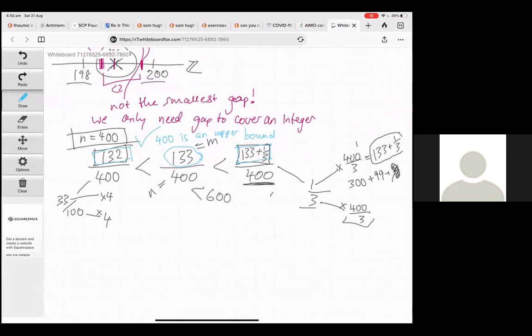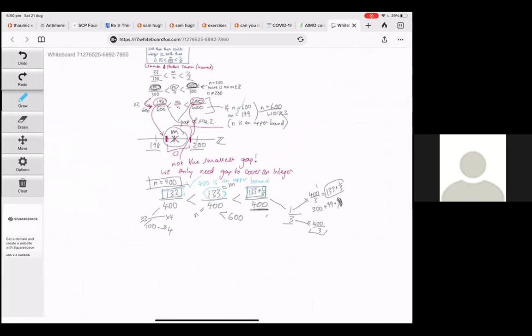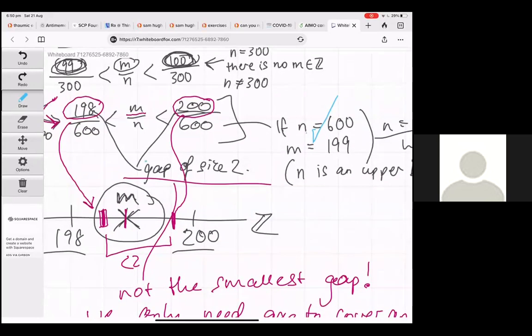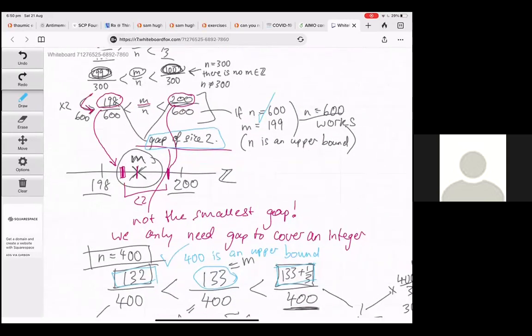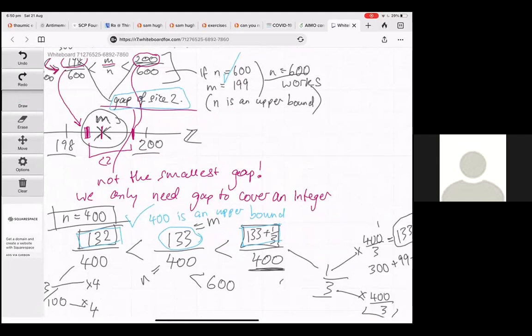So in order to fully answer this question and be absolutely sure of what the smallest possible value is, let's just go through some cases and see what happens. So I think what I mentioned about this idea of a gap should help us think about the problem, because we just need the gap to cover an integer.